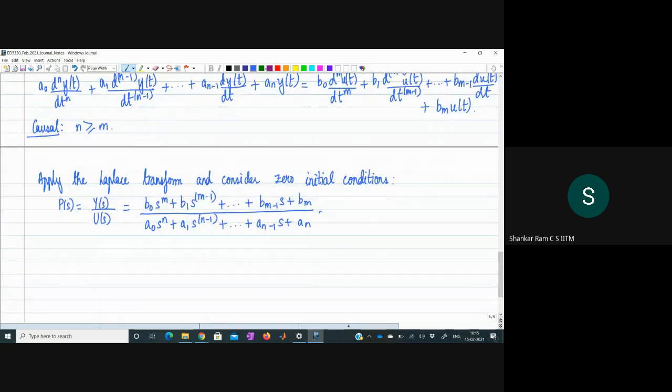So this is the plant transfer function, right?